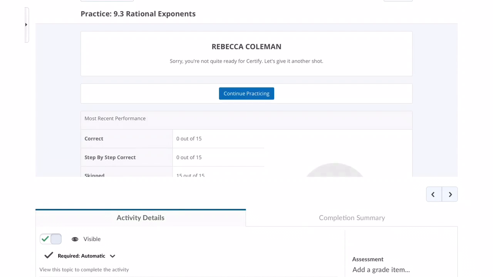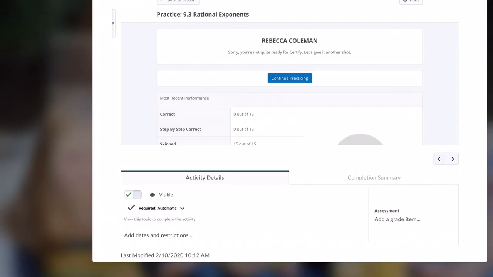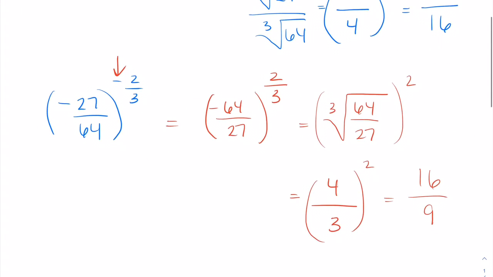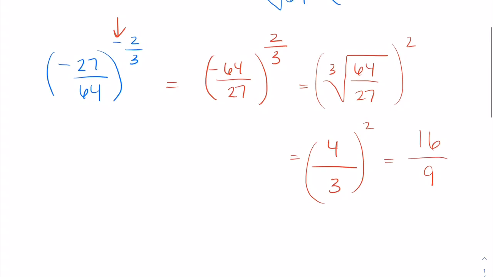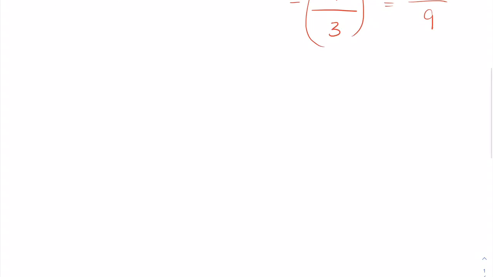But just remember, if you do come across one where instead of having a fraction as your base, you're asked to take, say, 16 and raise it to a power of negative 3/2, then all you do in this case to make that exponent positive is you take 1 over, you move it to the denominator.